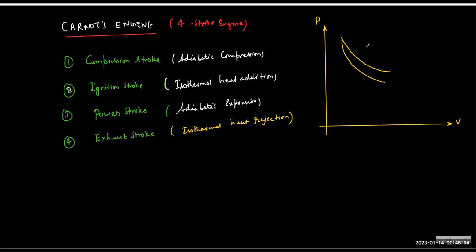In case of adiabatic and isothermal, we know we plot these two lines for the expansion, and for compression, something like this, right? The first is the compression stroke.